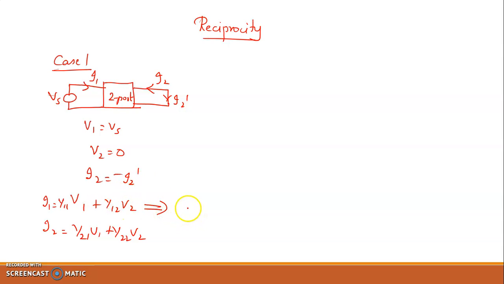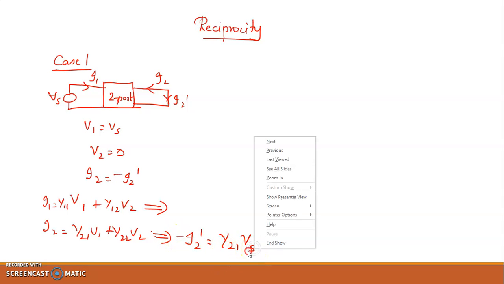So from the second equation I can write I2 dash is equal to Y21 into Vs. V2 is not there, so minus I2 dash is equal to Y21 into Vs.